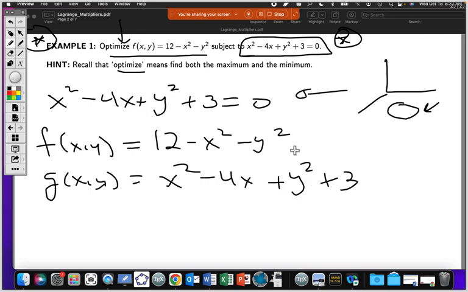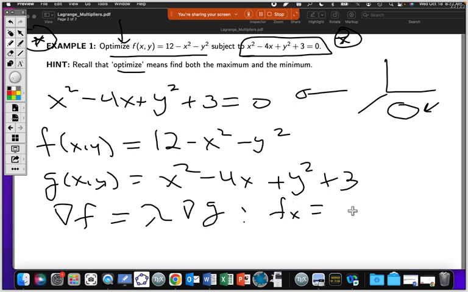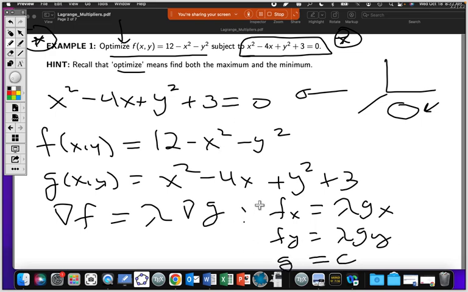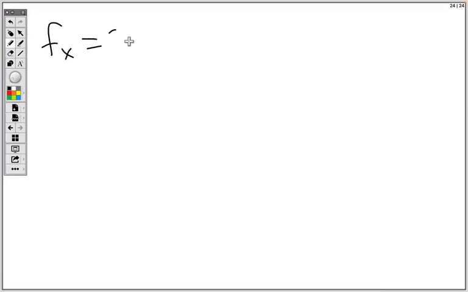All right, so we need to know where the gradient of f is parallel to the gradient of g. So that's going to tell us where fx is equal to lambda gx, fy is lambda gy, and then the last equation is going to be g equals c. So here we've got 3 equations and 3 unknowns. So let's look at the fx equals lambda gx equation.